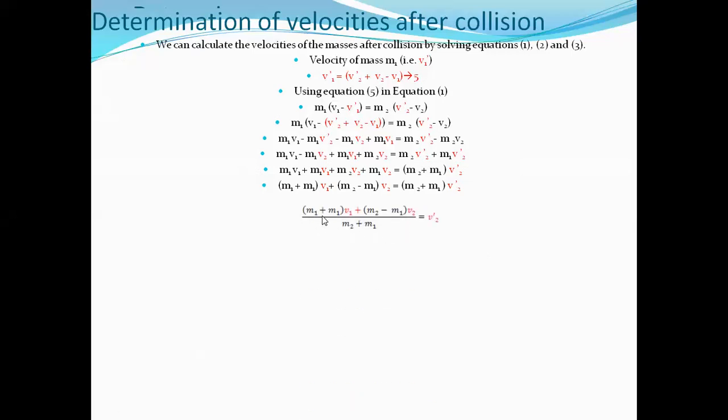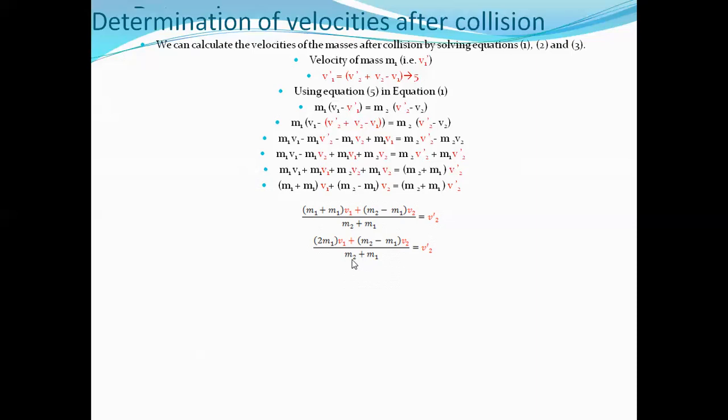What do we get? (m1 plus m1) v1 plus (m2 minus m1) v2 divided by the whole component (m2 plus m1) is equal to v2 dash. Now, as these two components are adding up, we can write it down as 2 m1 v1 plus (m2 minus m1) v2 divided by (m2 plus m1) is equal to v2 dash.